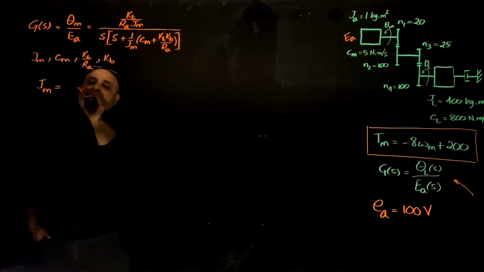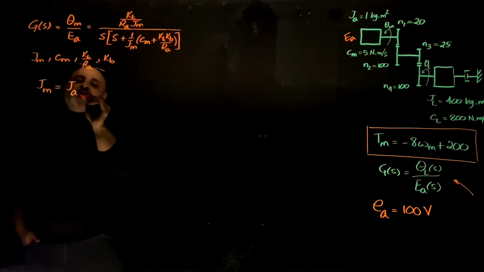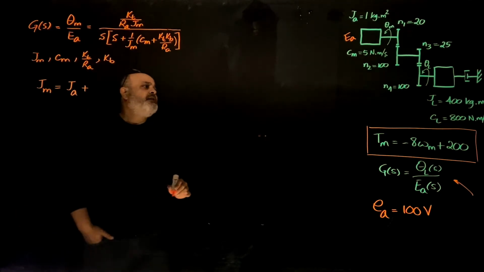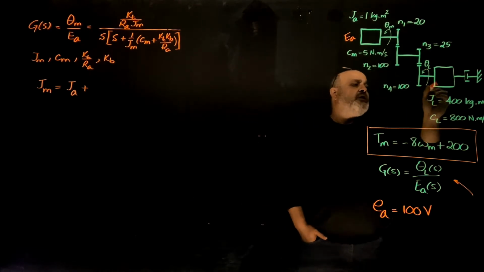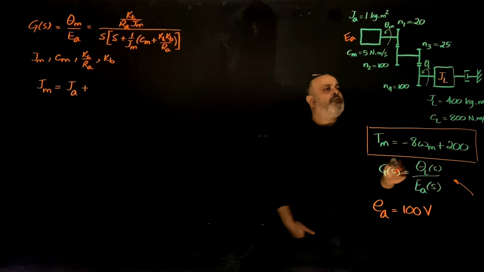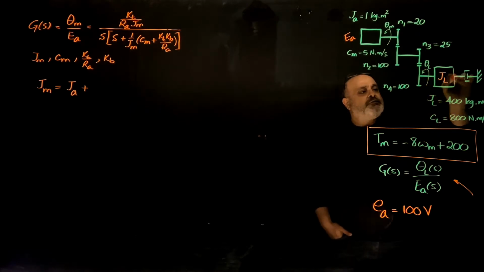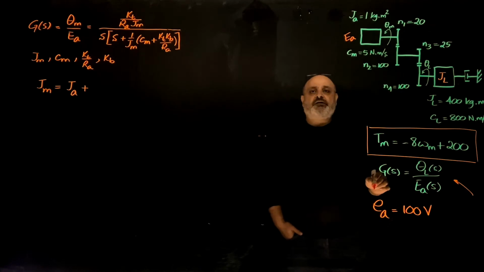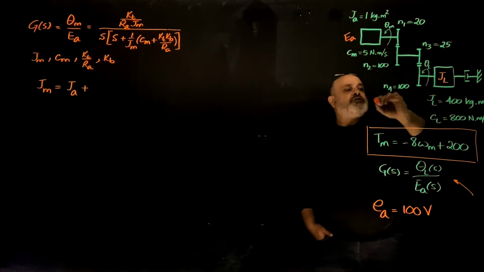I have the mass moment of inertia of the armature plus the mass moment of inertia of this load, J L. Now, we're going to need to transfer this mass moment of inertia from this axis to the motor axis. So first, I'm going to do this in steps.